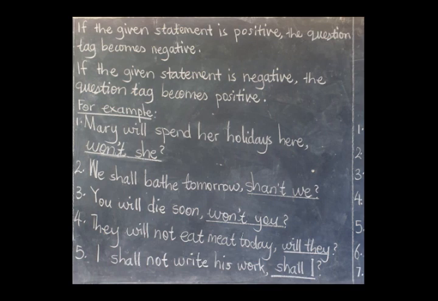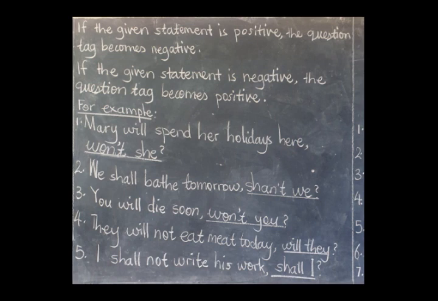Won't she? We've used the negative form on the helping verb will. Therefore, it has become won't. And then the pronoun that suits the female name Mary is she, because she refers to females. So Mary will spend her holidays here, won't she?